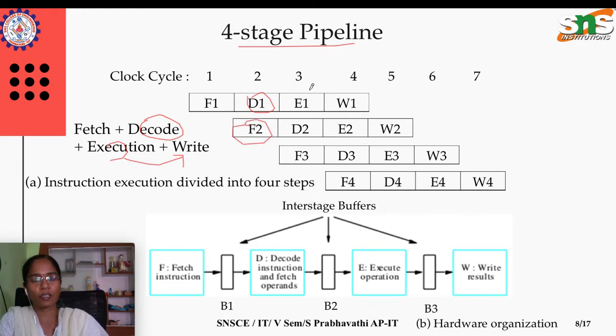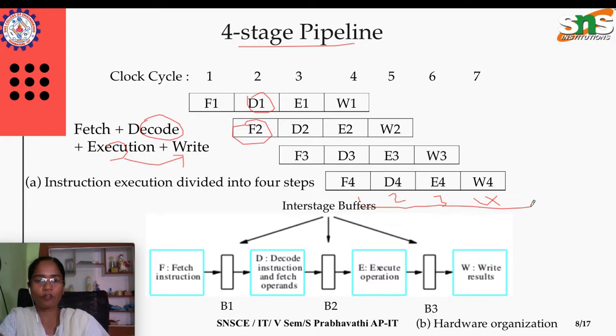At clock cycle 3 these things are happening, and at clock cycle 4 you will start getting the output on each and every clock cycle. At clock cycle 4 you will get the first instruction execution, and at clock cycle 5 the second instruction execution is over. Likewise, you will keep on getting it simultaneously. There we could visualize the speedup of pipelining.